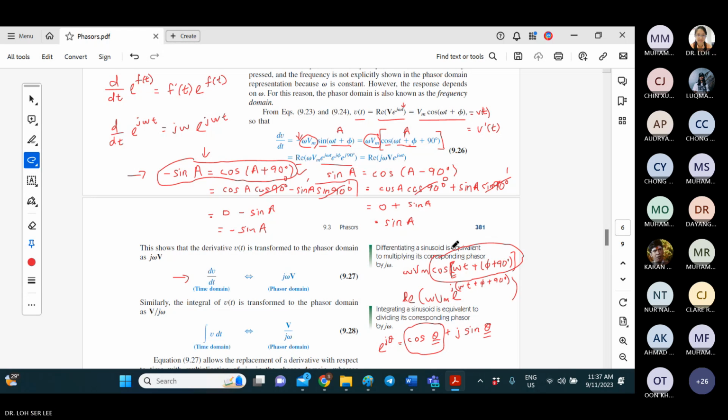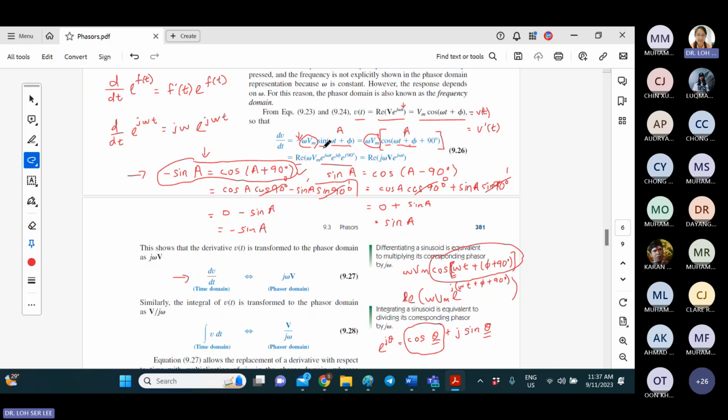Got it? We have to always refer back to the basic one. Can you get the relation? Yes.